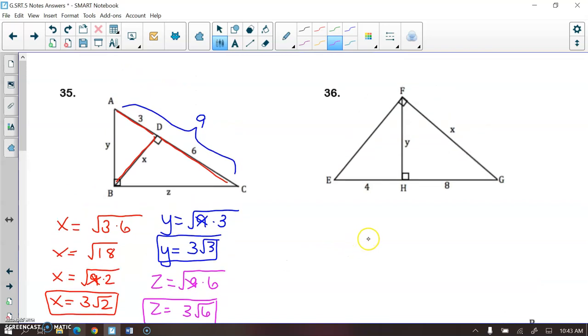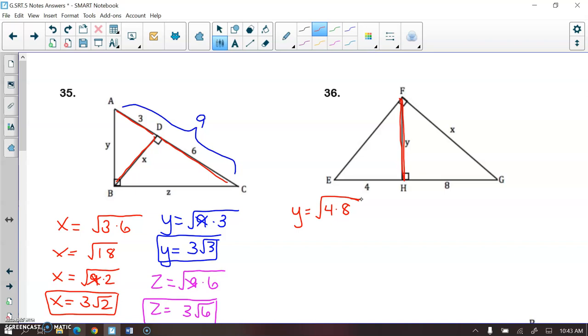All right, moving on to 36. I'm going to find y first. You could have found x first, it doesn't matter. Y is an altitude, so it's equal to the square root of the product of the two parts of your hypotenuse multiplied by one another.